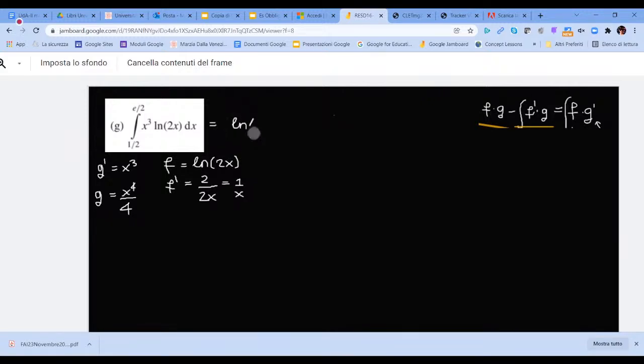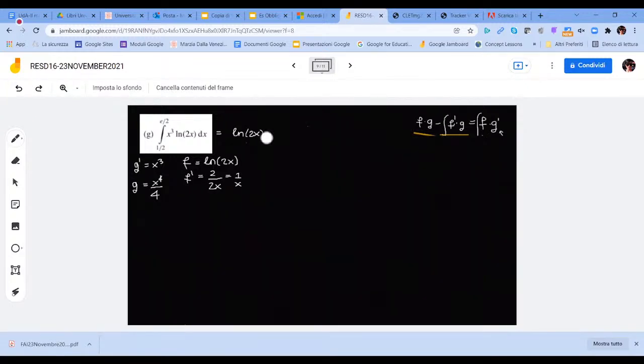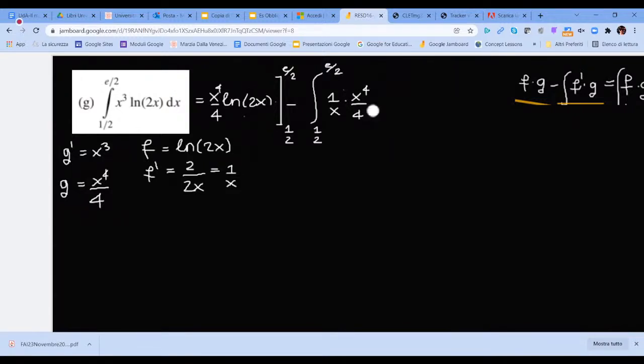So logarithm of 2x times the function, and maybe I write on the left the function x to the 4th divided by 4, so there is no reason for confusion, and we should compute between 1/2 and e over 2, minus the integral between 1/2 and e over 2 of f prime, so 1 over x, multiplied by g, x to the 4th divided by 4.